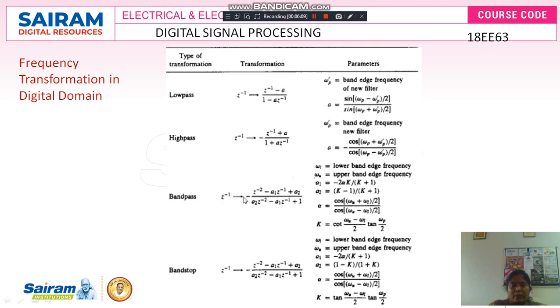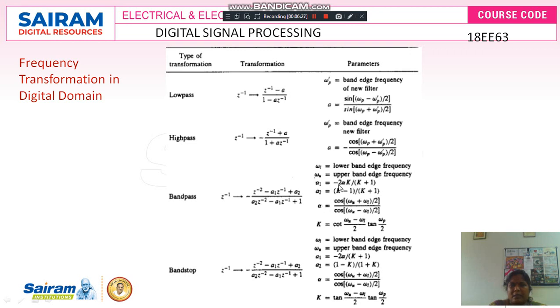For band pass, this z inverse will be replaced by (z power minus 2 minus a1 into z power minus 1 plus a2) divided by (a2 z power minus 2 minus a1 z power minus 1 plus 1). Omega L is the lower edge frequency and omega U is the upper edge frequency.